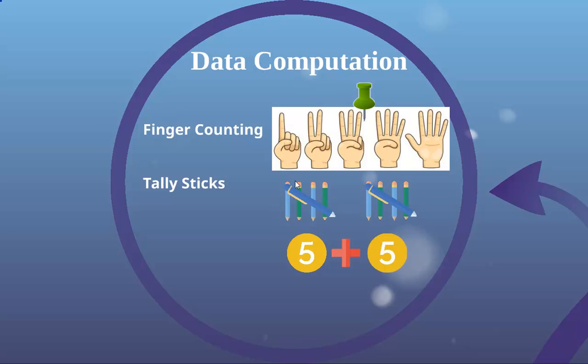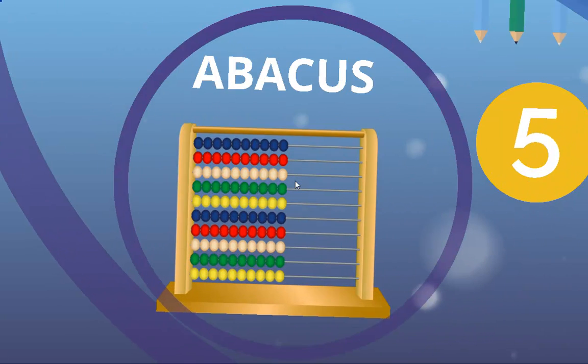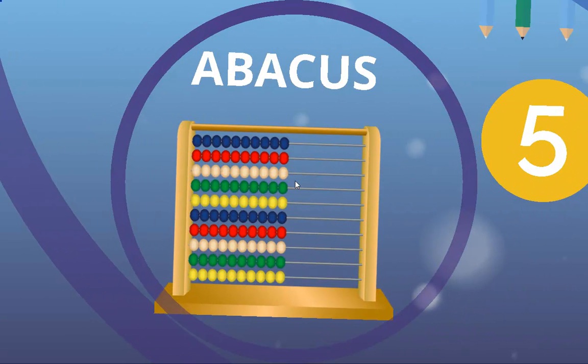We need to count a bigger number. Can you come up with a better way? I don't want tally sticks anymore. What are the next ways we found? Historically, have you heard of the abacus? The abacus is a kind of equipment which had wires in a frame and weights, or beads, on the wires.